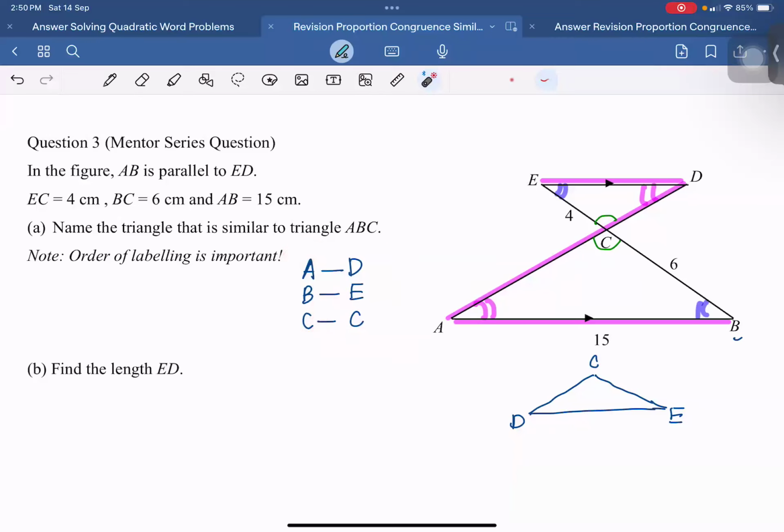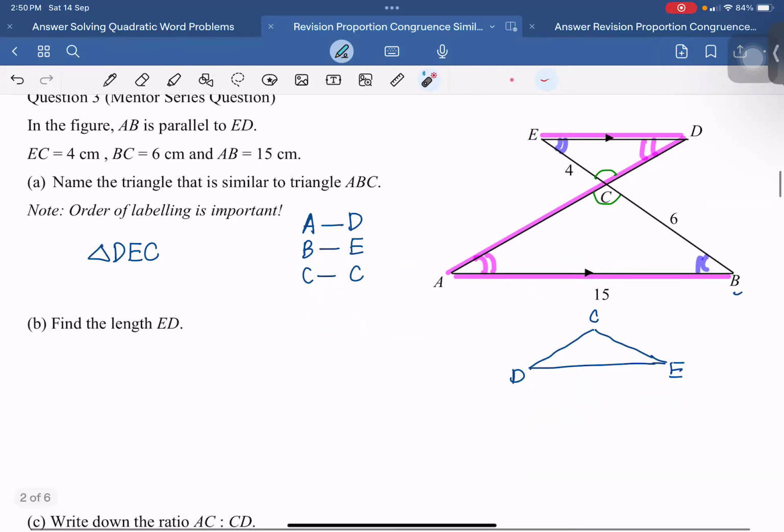CED? Okay, it is similar, but the order of labeling must be the same. Can you match? DEC. Thank you very much, triangle DEC. So you cannot put CED, because it will not be in the same order. They want ABC, so you must go with DEC. Okay, very good.